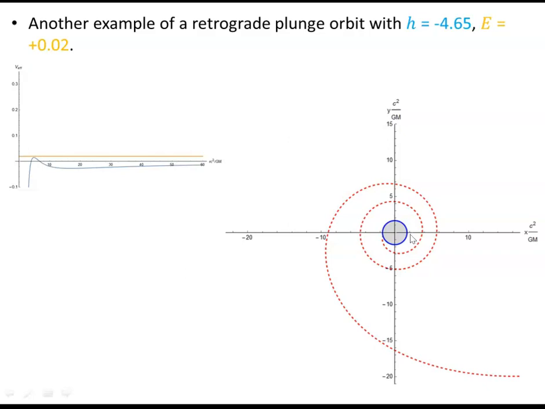And when it reaches that limit, where the stationary limit surface is defined, at 2 units, nothing can rotate, not light, nothing can rotate against the rotation of the black hole. It must co-rotate with the black hole. So even light comes to rest at that point and must rotate with the black hole.